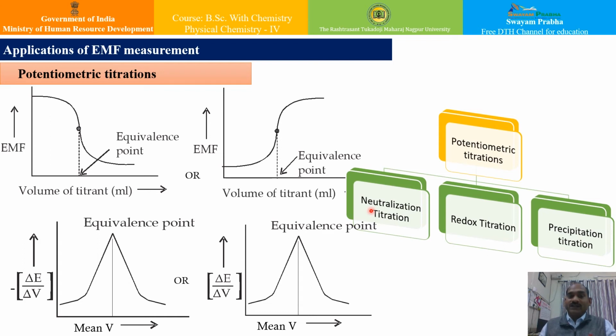The other electrode whose EMF is known is called the reference electrode. Generally, the calomel electrode is used as a reference electrode. Now a titration in which the equivalence point is detected on the basis of a sharp change in the electrode potential is called a potentiometric titration.